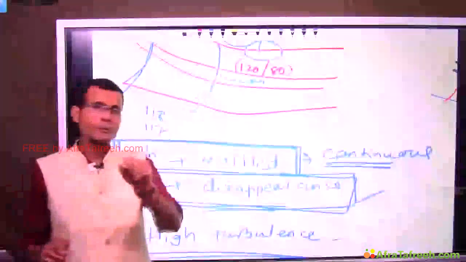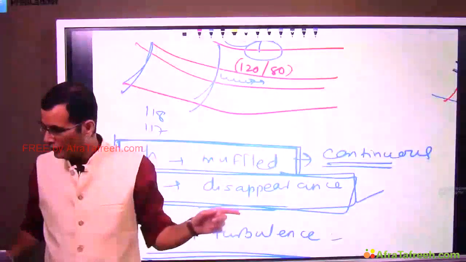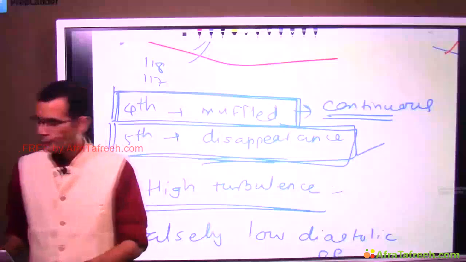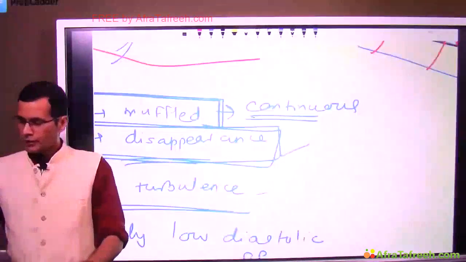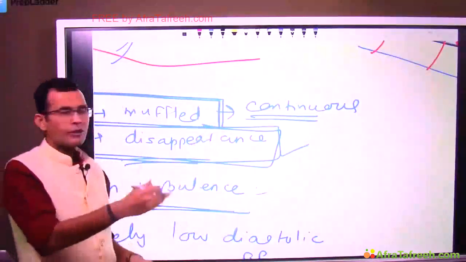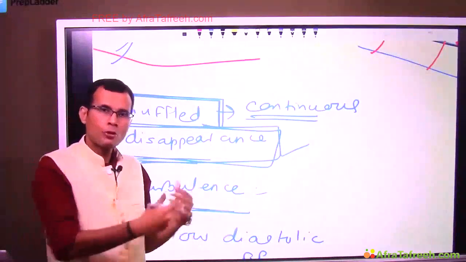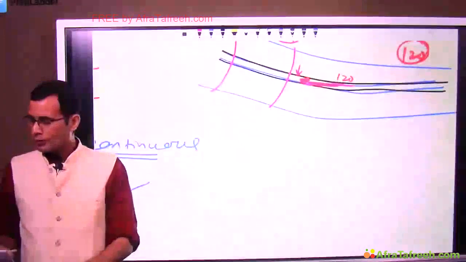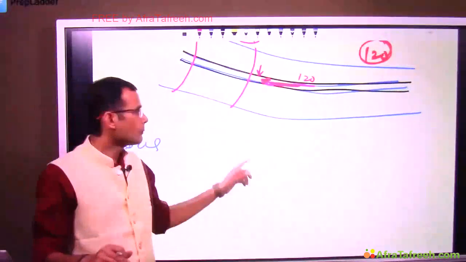But remember, that is more likely when there is high turbulence in the blood flow, because then that murmurish or muffling sound will be there for a long time, and then it will disappear. Okay, so that was one more fallacy related to the recording of blood pressure.